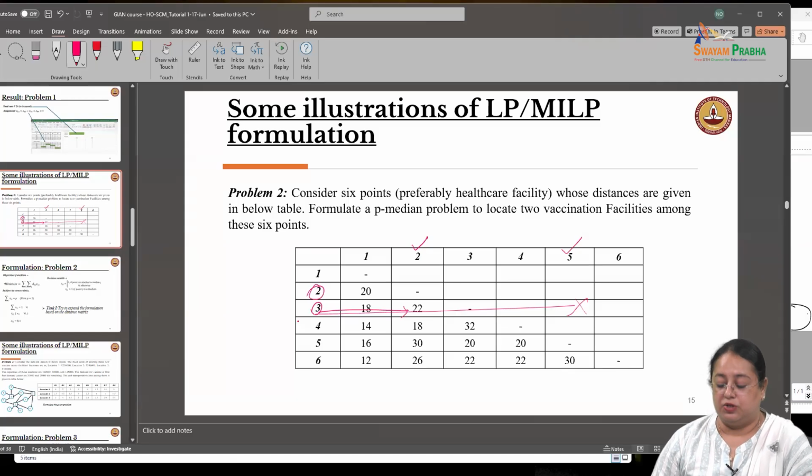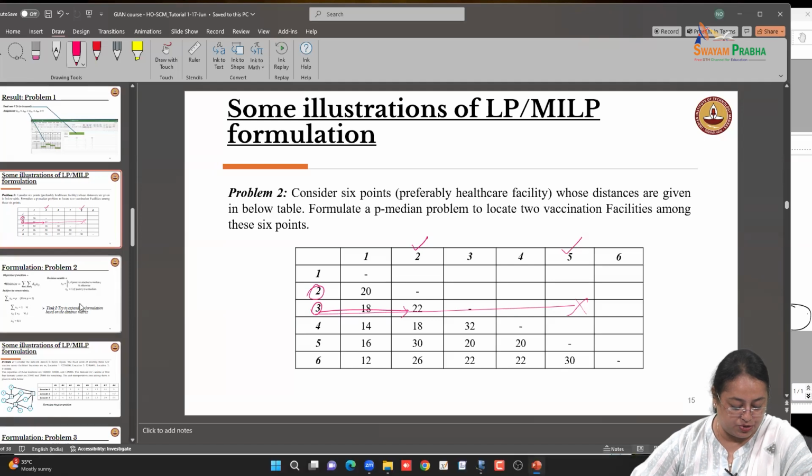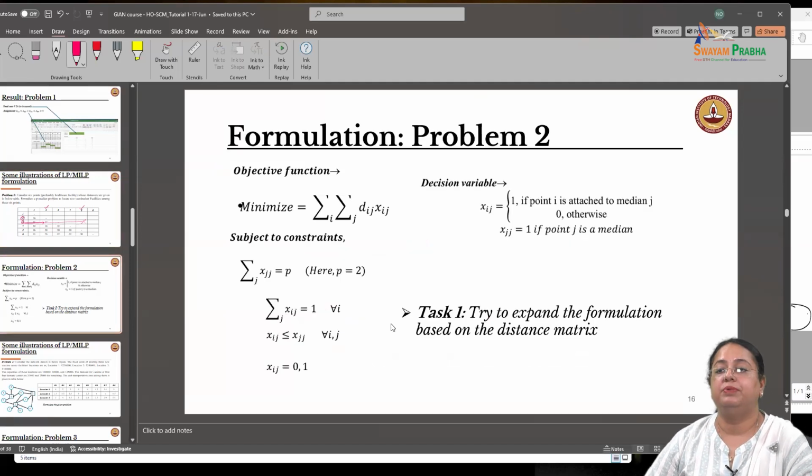Okay. So now how can we address this issue, that each node should be assigned to one healthcare facility only? So what does this say? Now again, if you try to expand for all i's, what is xi for all I?